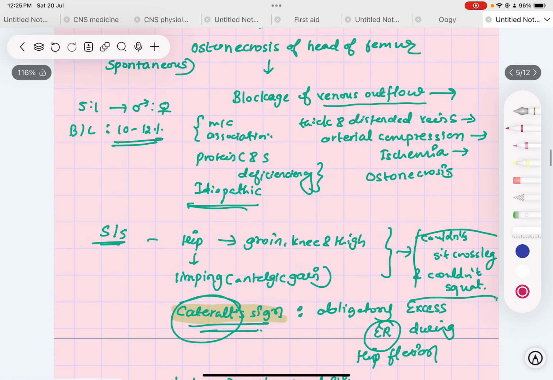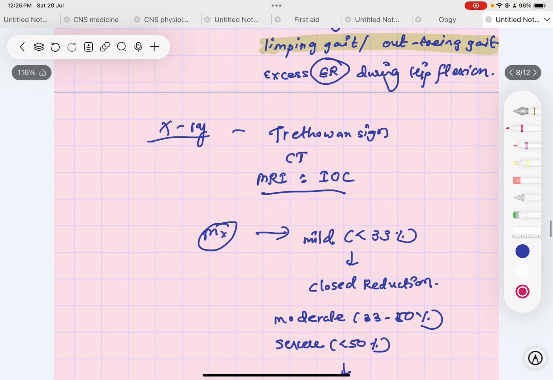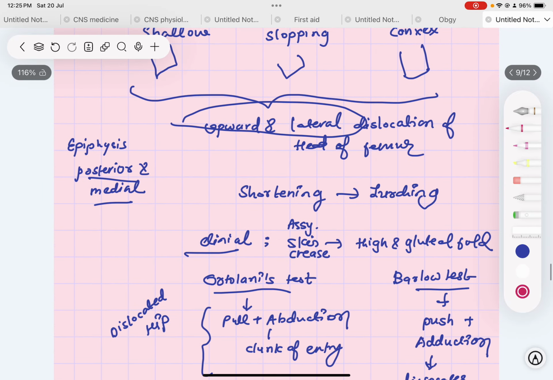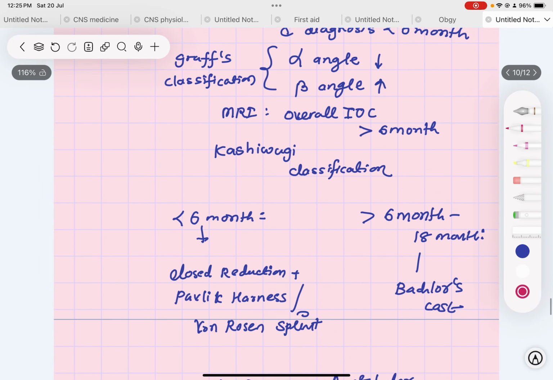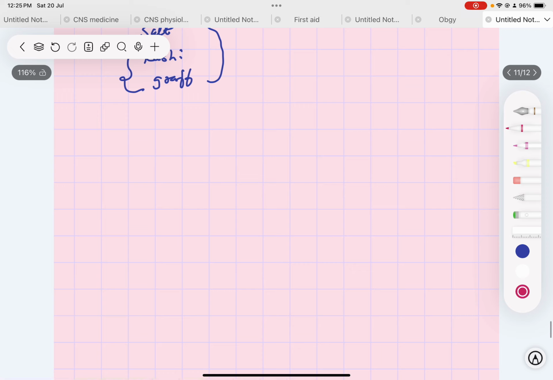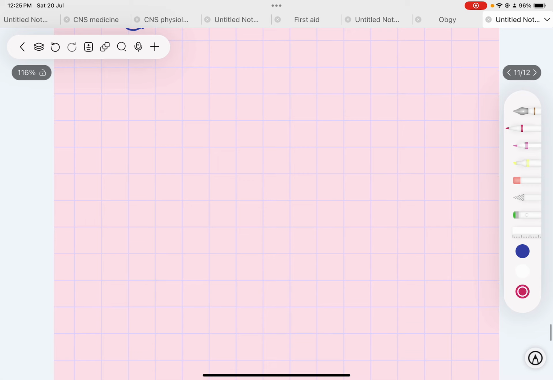These are the bones which have this retrograde blood supply, and that's why they are prone to avascular necrosis, because blood supply can be interrupted and ischemia will lead to necrosis of the bone, and mostly it is traumatic because a fracture can lead to all of these conditions.